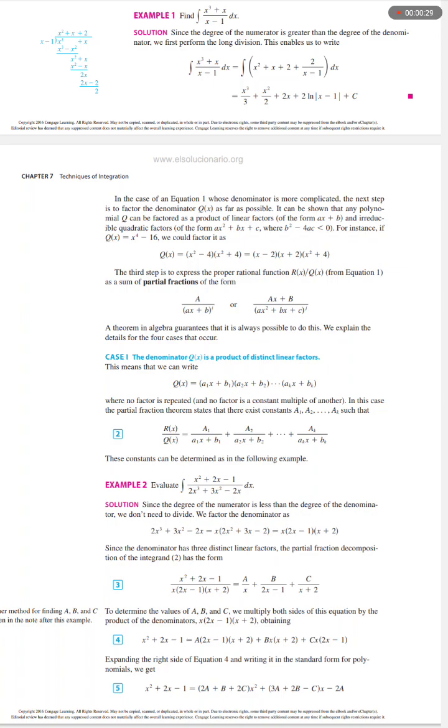Solution. Since the degree of the numerator is greater than the degree of the denominator, we first perform the long division.